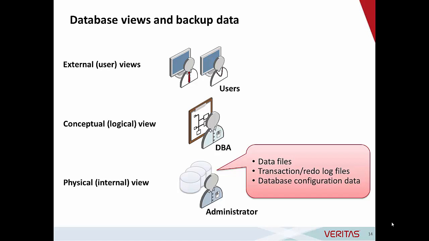But in many cases, they're used to thinking of the database in terms of logical structures, like table spaces. In order to accomplish complete protection of the database, we eventually have to get down to the physical level and back up the actual physical files that comprise the database. And again, the three broad categories that most relational databases have are the data files, the transaction or redo log files, and the database configuration data.